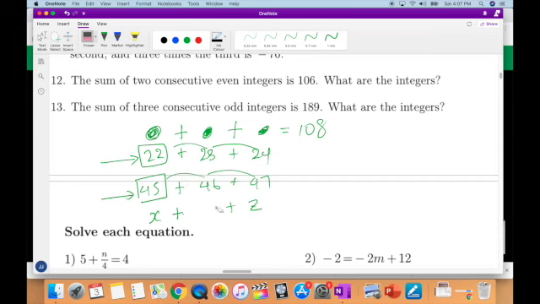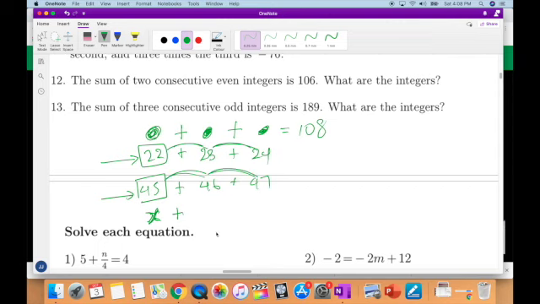So where's the second number? Shazay, if the first number is x, where's the second number? What do you notice about these sequences of consecutive numbers?